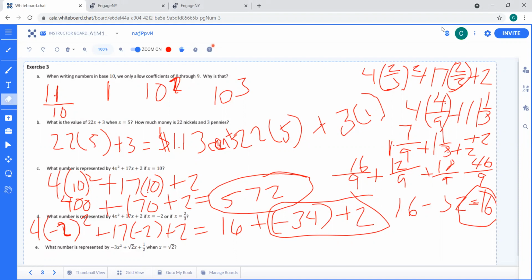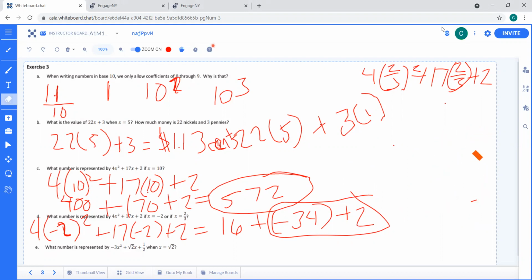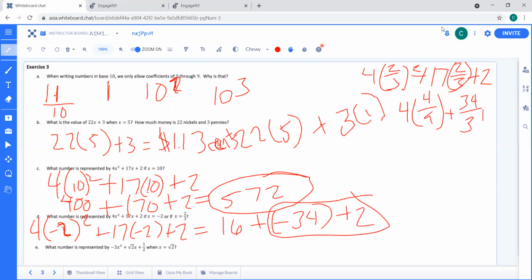This should actually be, let's go back to right here. So this would be 4 times 4/9 plus 34 over 3 plus 2.